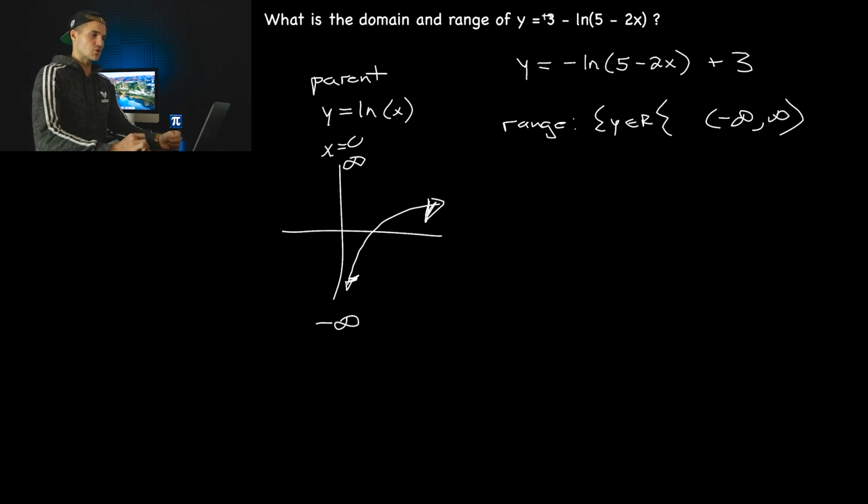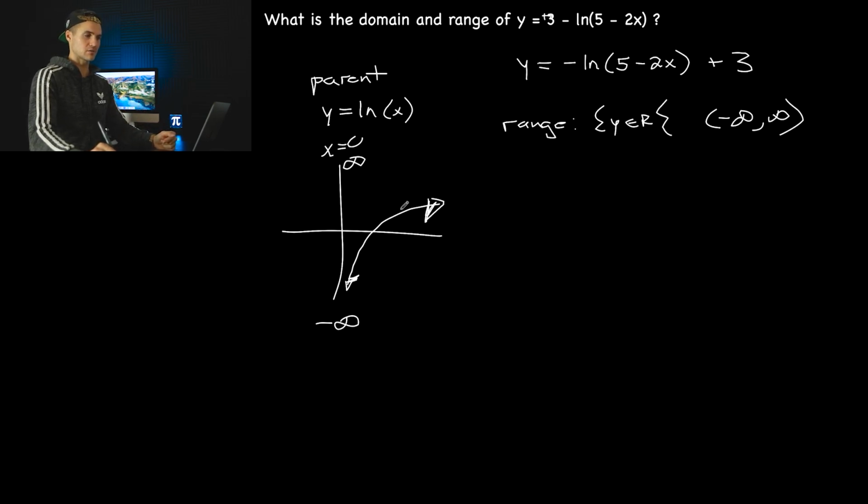However, the domain is a little bit more nuanced because it depends where the vertical asymptote is going to be, and whether we're on the right side or the left side of the vertical asymptote, whether it was reflected in the y-axis or not.